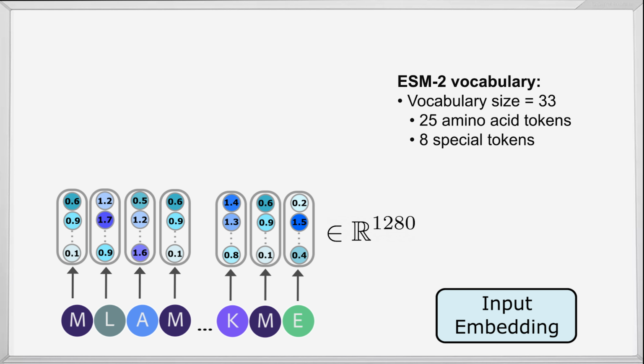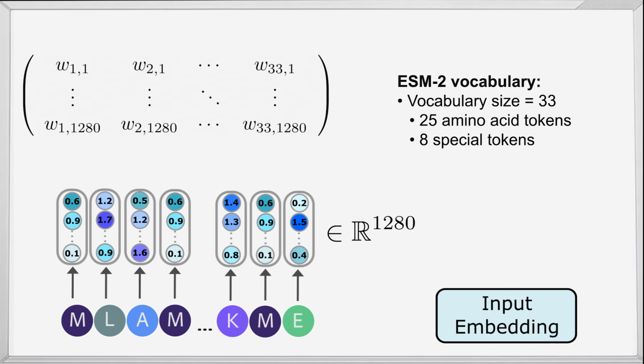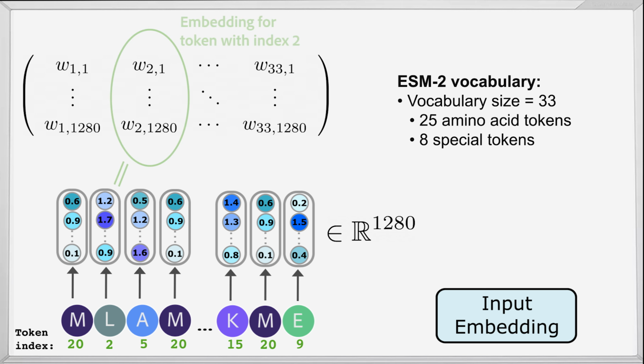The token embeddings for all 33 possible tokens are stored in an embedding matrix of dimension 1280 times 33, which is the hidden dimension D times the vocabulary size. Each token is mapped to a token index, and when inputting a token sequence, we can simply access the columns corresponding to the token indices. In the ESM-2 model, the embedding matrix is learned during training.